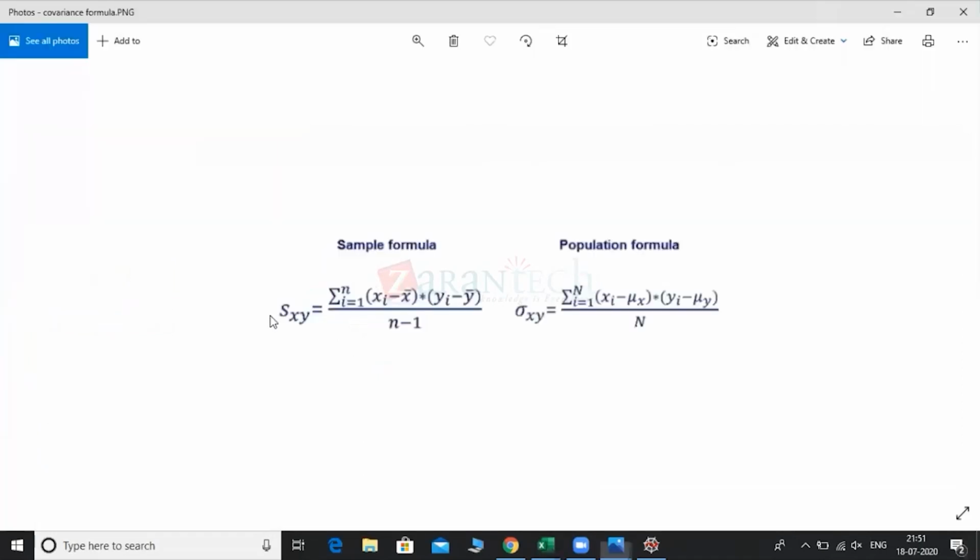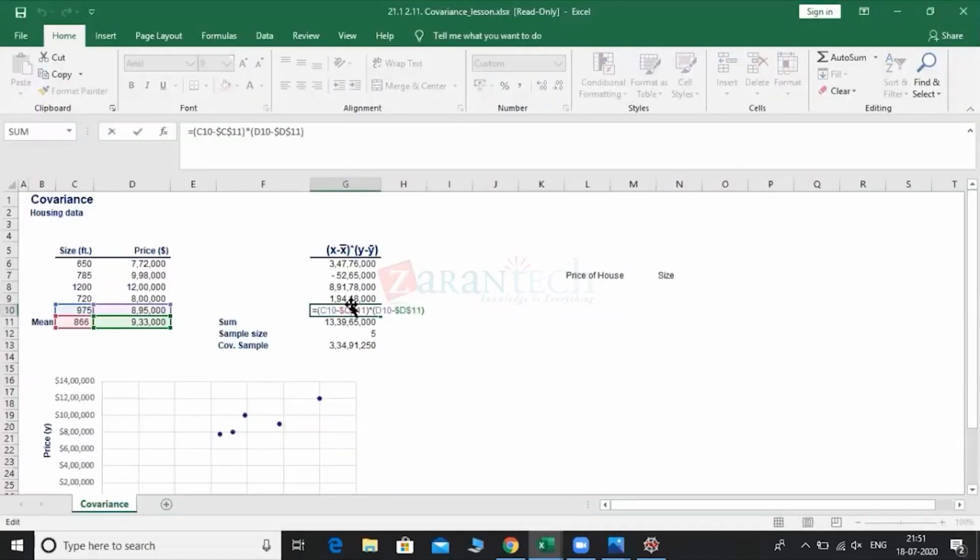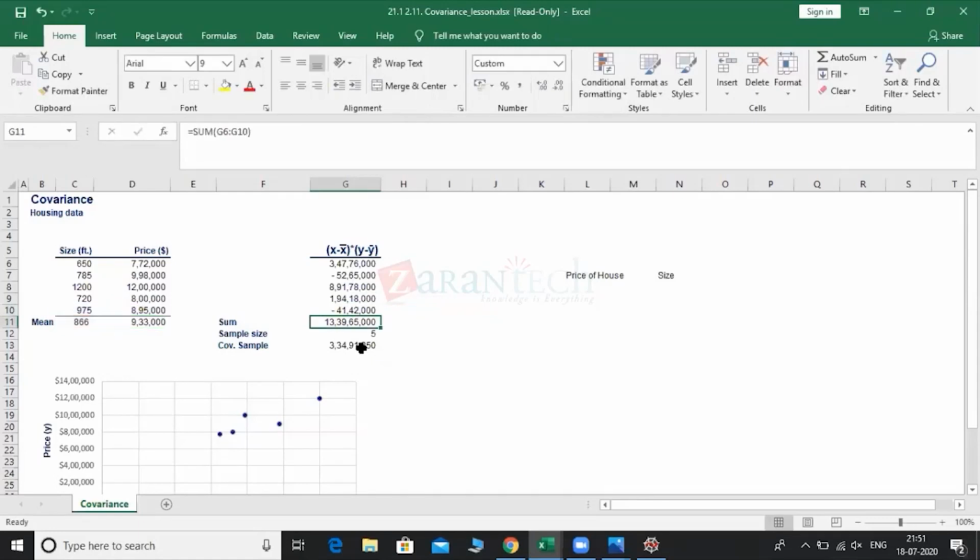In the formula, all these numbers are added up, so you take the sum of all these numbers, and you can see this number is 13 crore, 39 lakh, 65,000. This is a very big number, as I was telling you, because you're multiplying two numbers, and the sample size is 5. So you divide it by this number, G11, which is the sum of all these summations, and you come to this number.